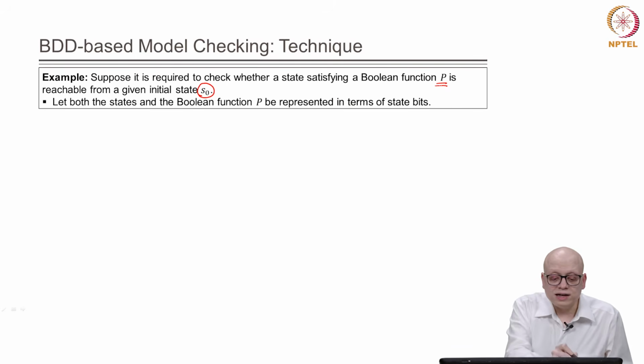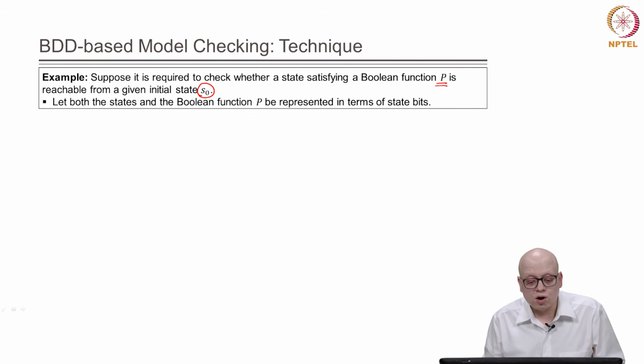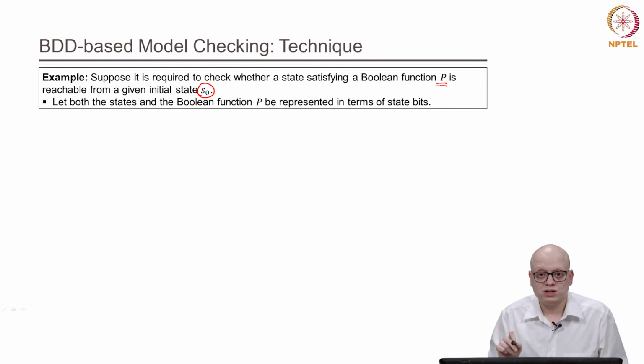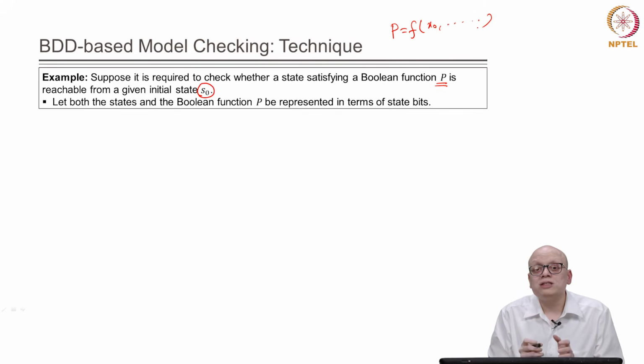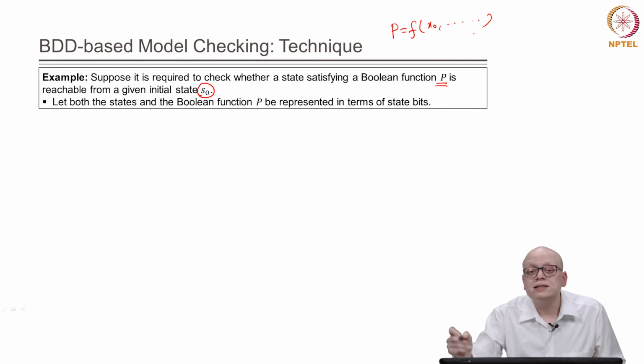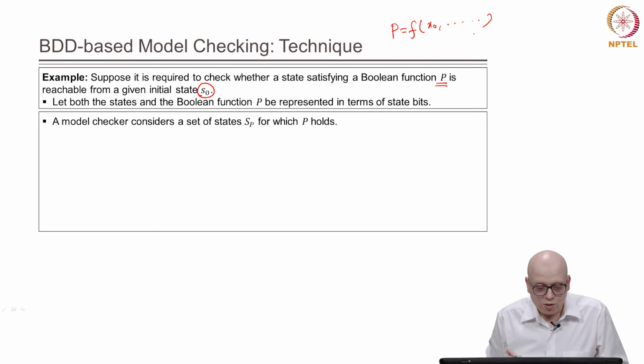So, let both the states and the Boolean function P be represented in terms of state bits. So, P is also a function of state bits x0, x1 and so on, right. And we are representing the set of states also in terms of these state bits. Now, a model checker considers a set of states SP for which P holds.